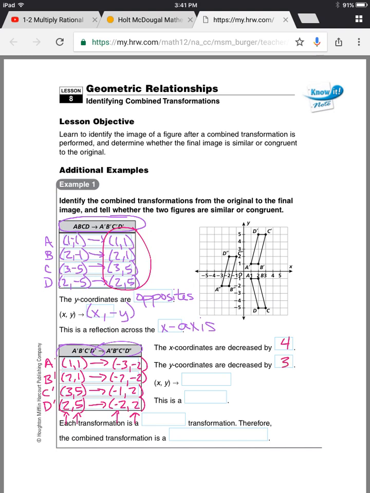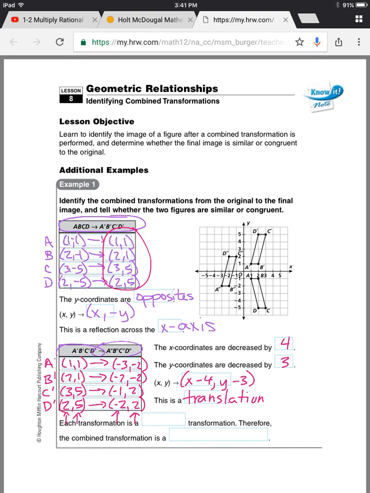Okay? So, our x coordinate was decreased by 4, which means subtract. So we have x minus 4, and our y coordinate was decreased by 3, which again means subtract. So we have y minus 3. Okay, so this is a translation because we just added or subtracted to our x and our y.